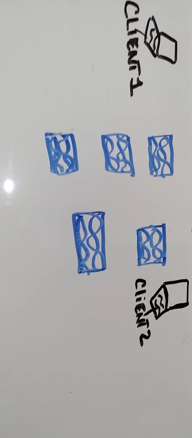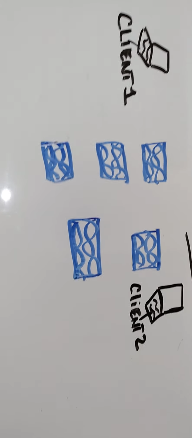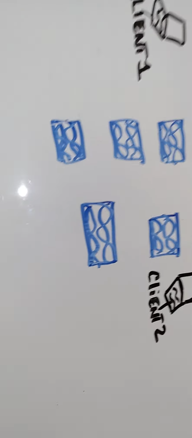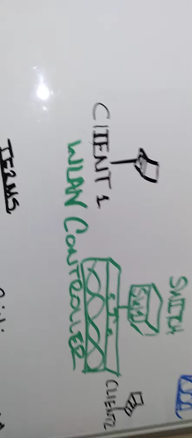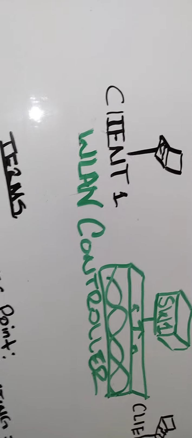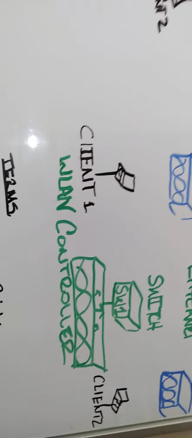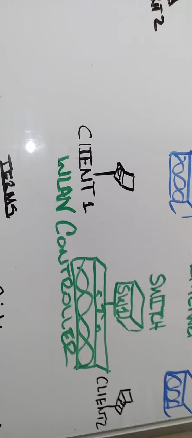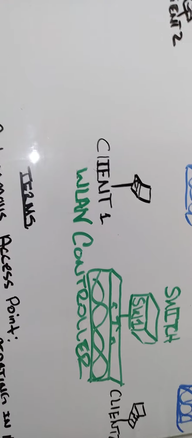You can actually have a Ubiquiti access point, for example. It's not a Cisco. Cisco's are the best, of course. But in the enterprise, we have a large coverage area.